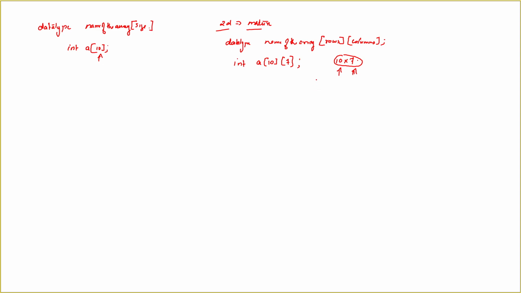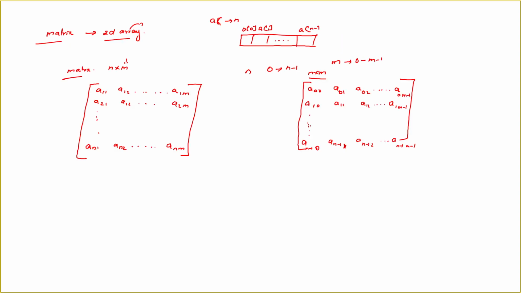Mind something: if it is a 10 by 7 matrix, the last element will be a[9][6], and the first element will be a[0][0]. a[0][0] is the first element, and a[n-1][m-1] is the last, where n-1 is 9 and m-1 is 6.